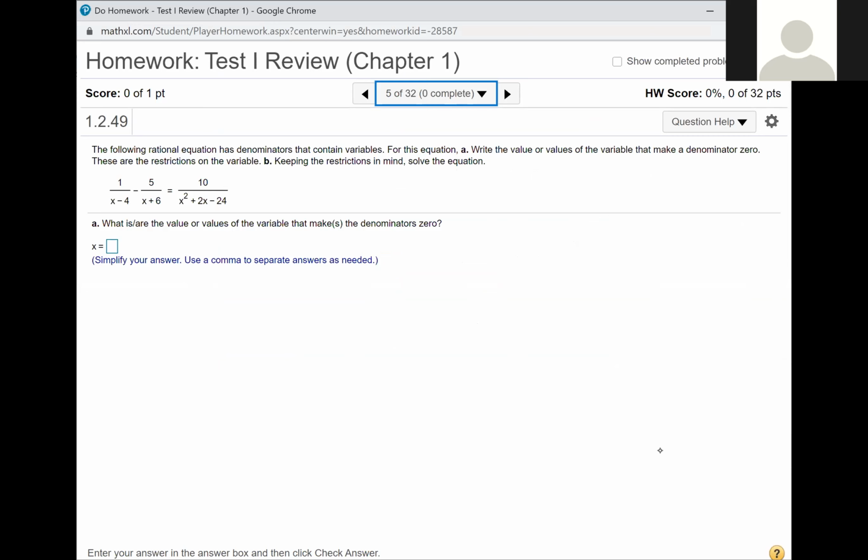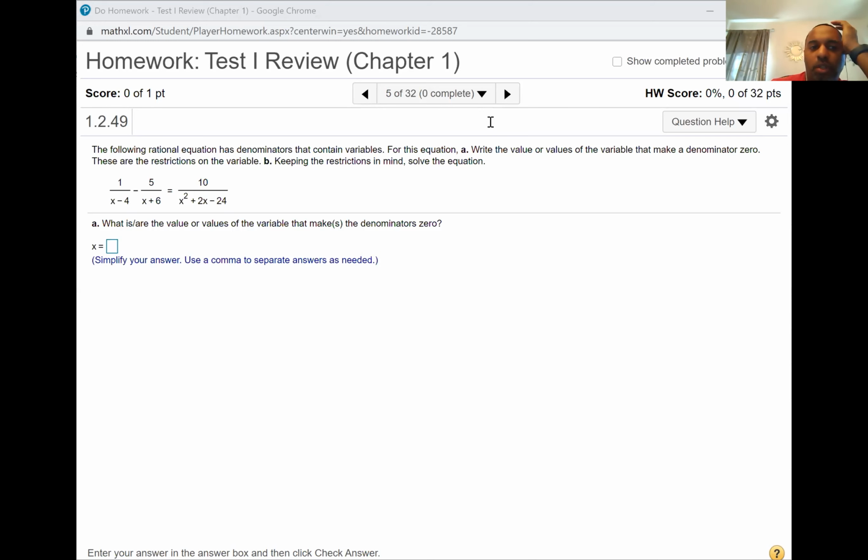I knew to factor the bottom part of that. And once I got my two terms, I knew later on it dawned on me I had to subtract to make it -2 and add to make it +5. Looking at the directions here, it says write the value or values of the variable that makes the denominator 0.